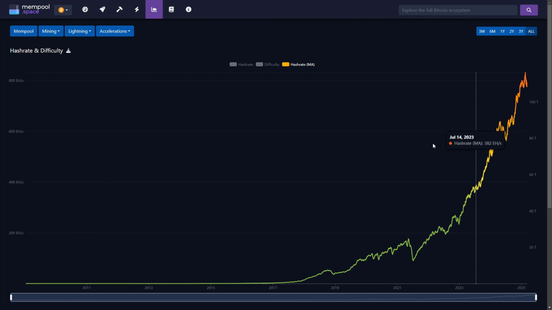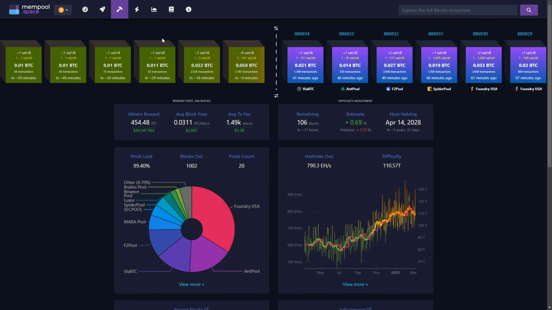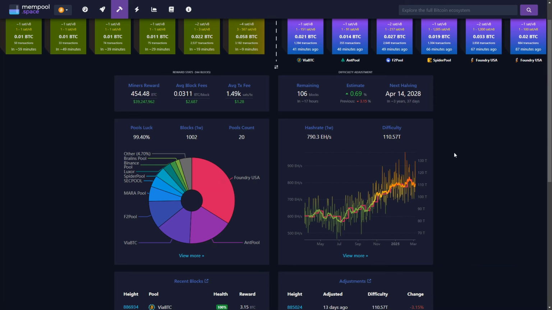And as Bitcoin mining becomes more competitive, you actually need cheaper energy to compete. And the cheapest energy is stranded energy. So the most profitable miners are actually getting energy that would have otherwise been wasted and thrown away.